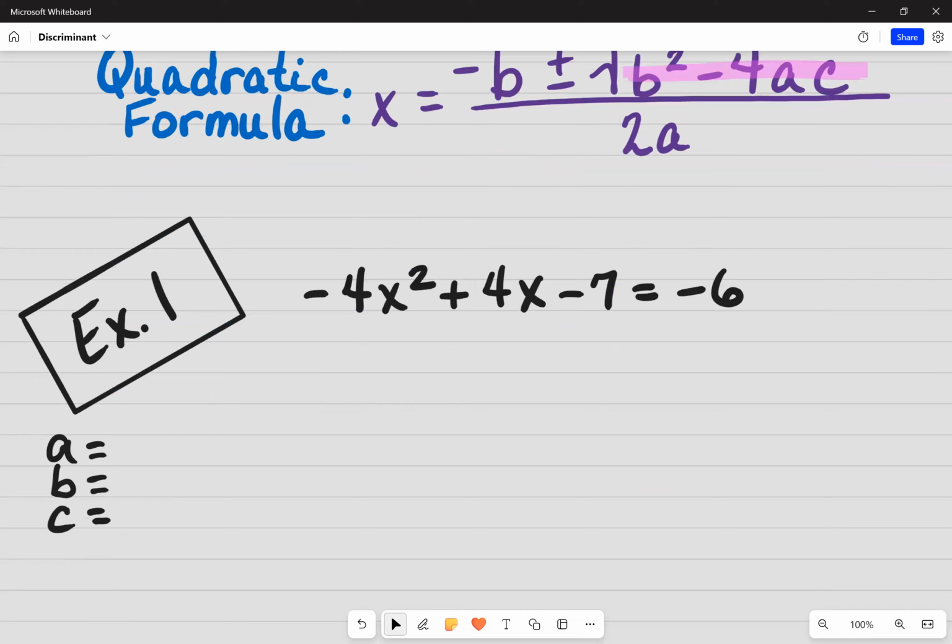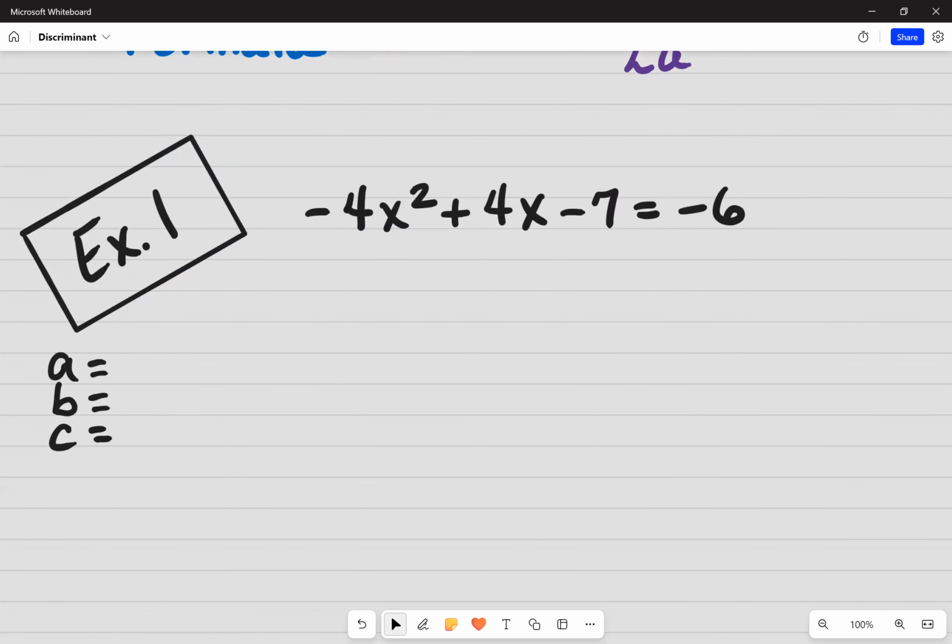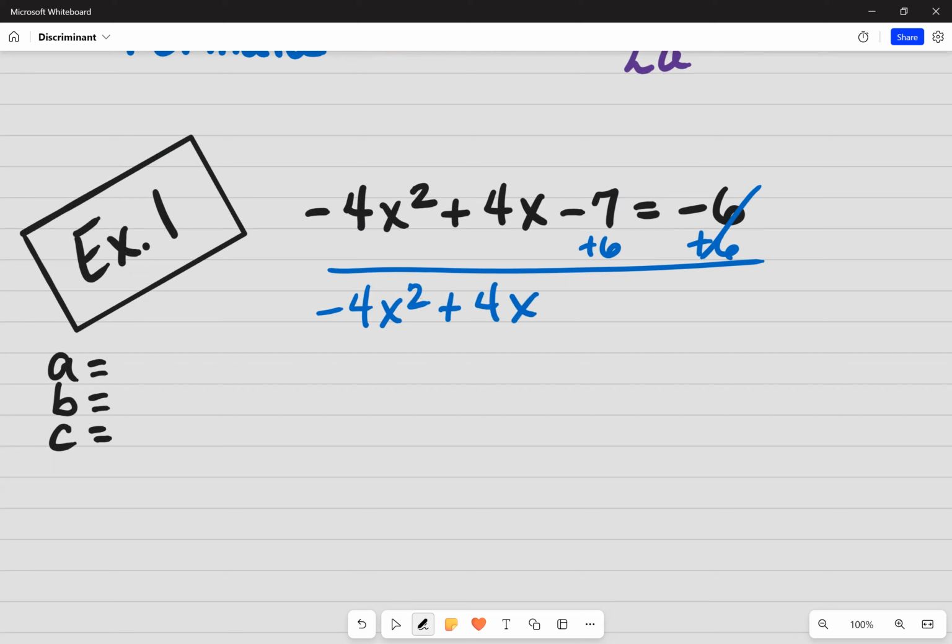So for example 1, first thing we want to do is put it in standard form. So let's go ahead and do that by taking this -6 and moving it to the opposite side. And when we do that, we have to change the sign. So basically we're going to be adding 6 to both sides. And what's left over is -4x squared plus 4x minus 1 is equal to 0.